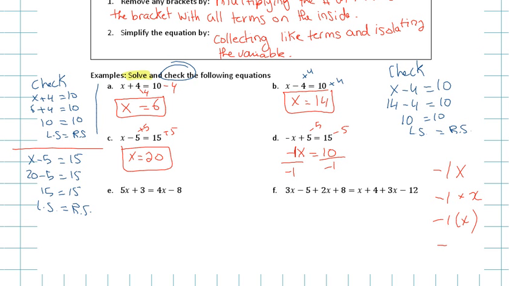And then, what do I get? X equals what? What's 10 divided by negative 1? Because a positive divided by a negative is a negative. Same rule applies to the multiplication, right?